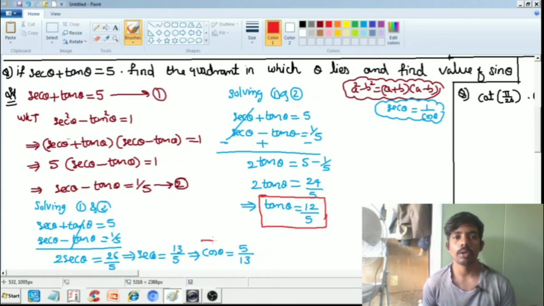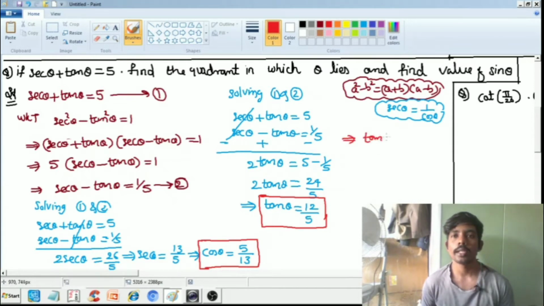Tan theta is positive, cos theta is also positive. That means theta lies in the first quadrant.